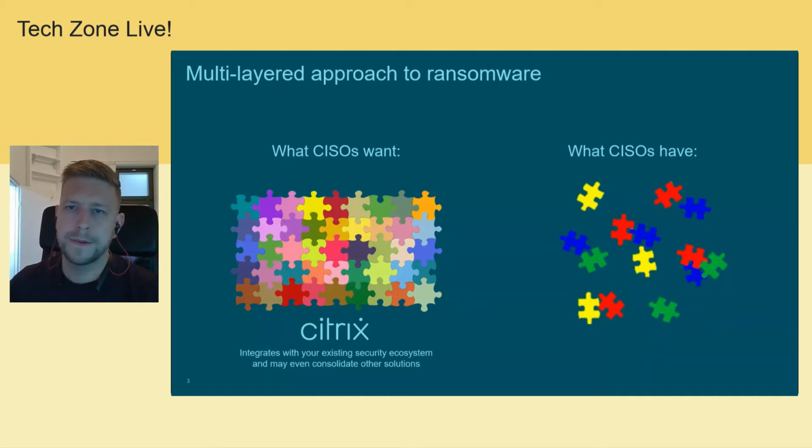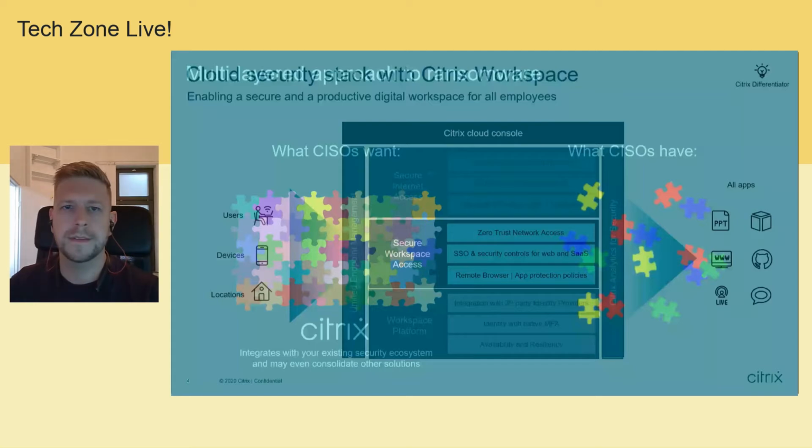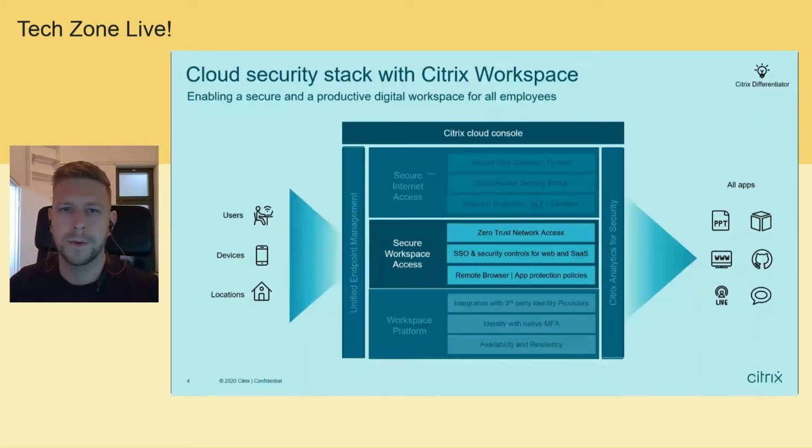And if we look into the stack of our products, we have, of course, what's called Secure Workspace Access. And from a security perspective, that contains zero trust network access.